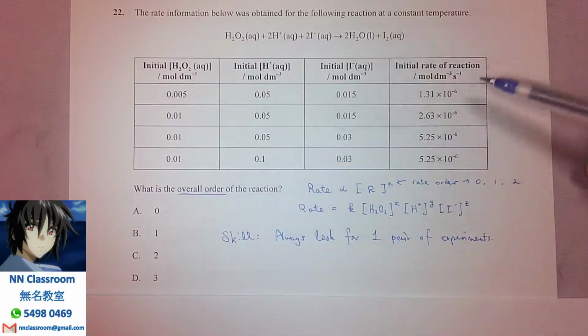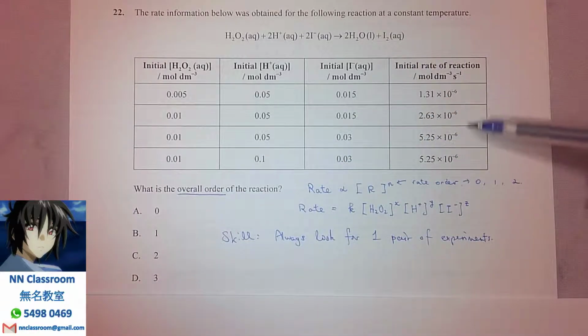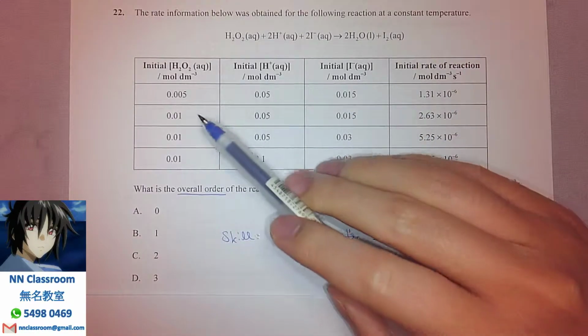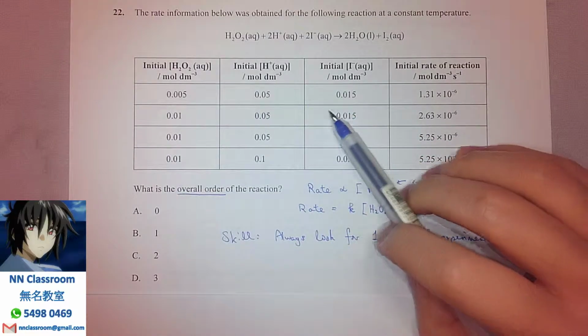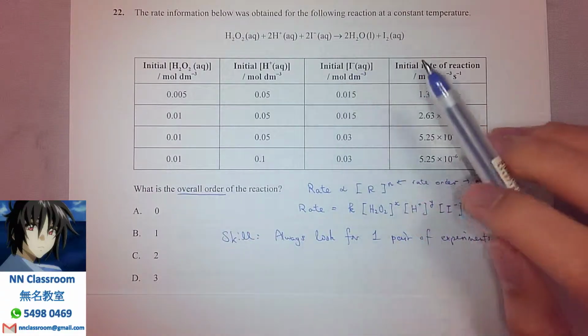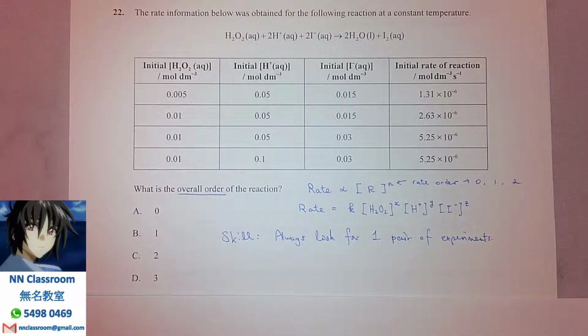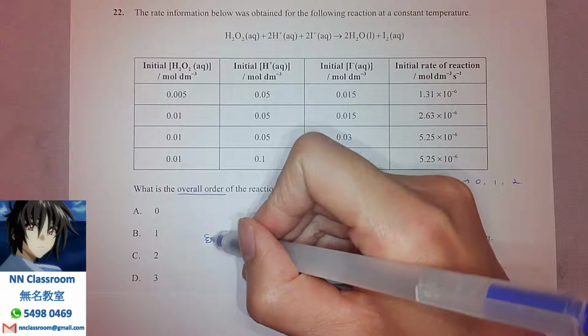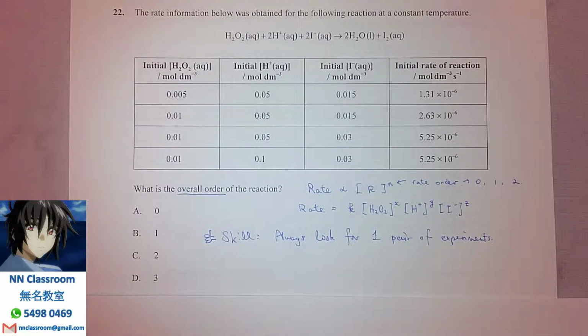That's why the question gives you a set of experiments by changing the different initial concentrations, and you see how changing the concentration of a reactant brings an effect to the initial rate. So remember, every time we just look at a pair of experiments.